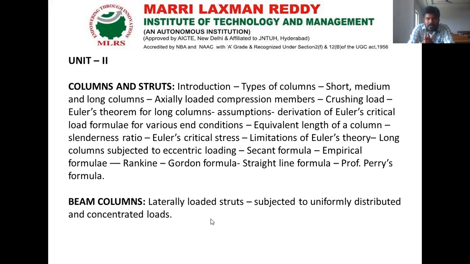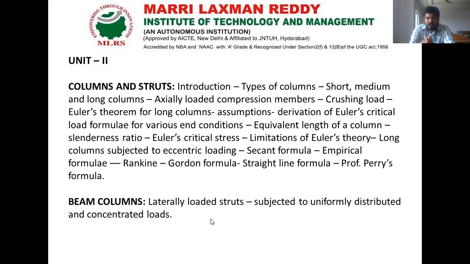A column or strut is a member which is going to have compression forces in it. If the member is placed exactly vertical and carries a compression force, then that member is said to be a column.